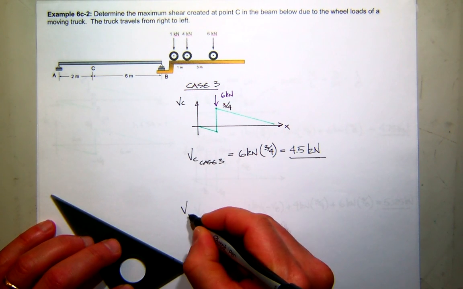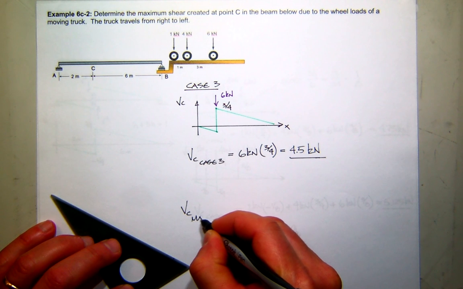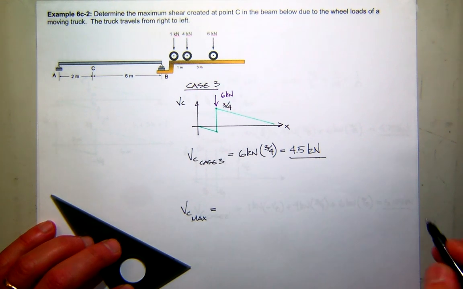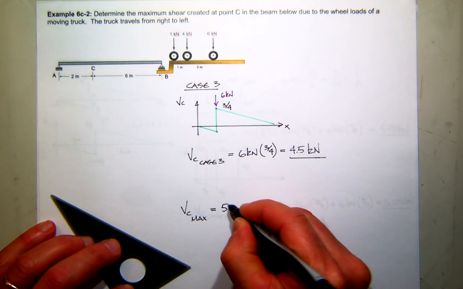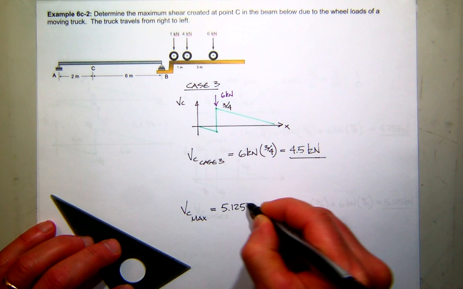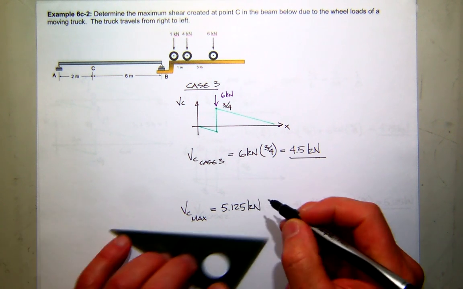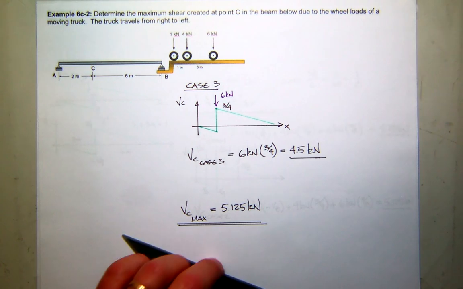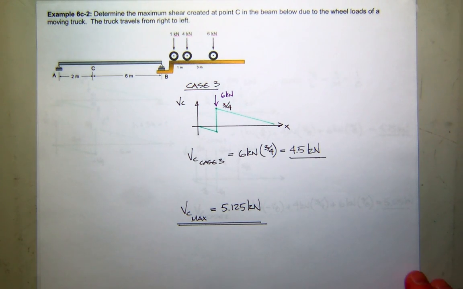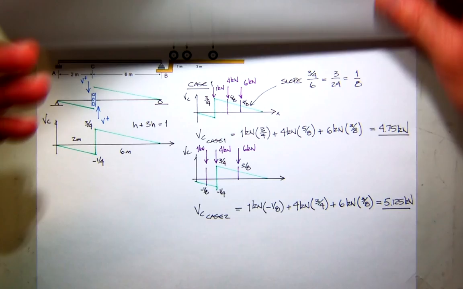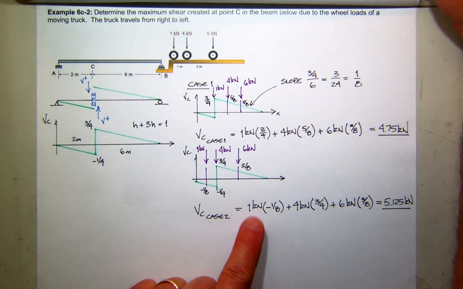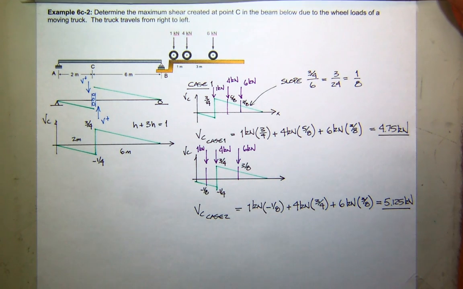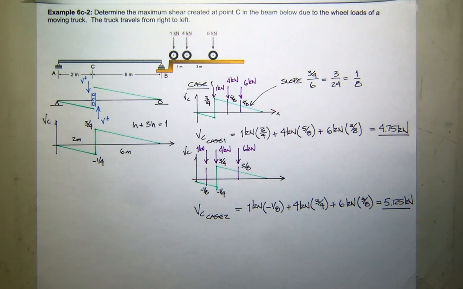Yeah, so the maximum that we found at C is going to be 5.125 kilonewtons, and that will occur from this second case that we saw along the way. Any questions about that? Okay.